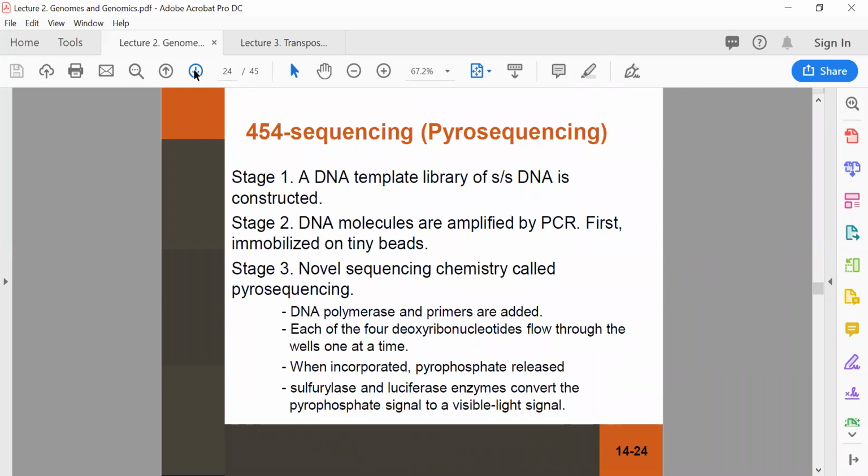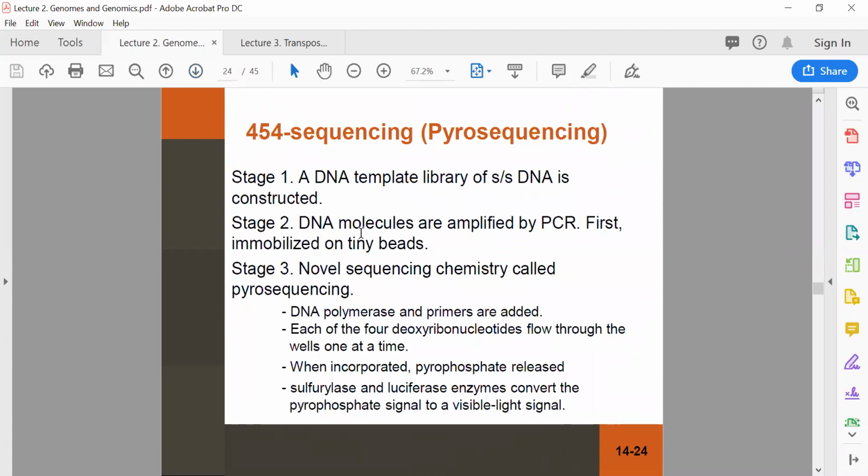All right, so this particular type of next-gen sequencing is called 454 sequencing because it was developed by the 454 Life Sciences Corporation, and it's also referred to as pyrosequencing. So in stage one, a DNA template library of single-stranded DNA is constructed. Single-stranded DNA.